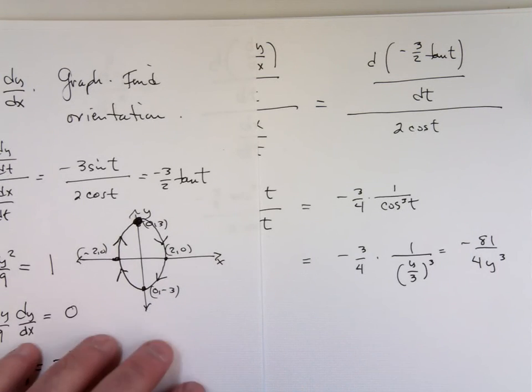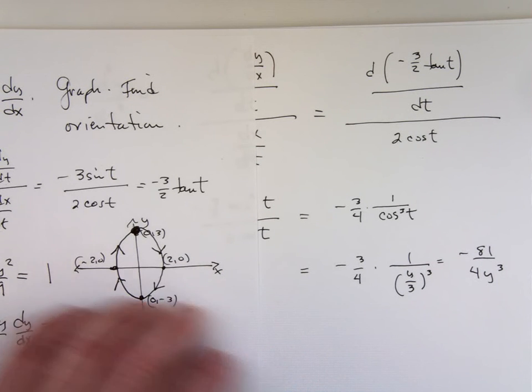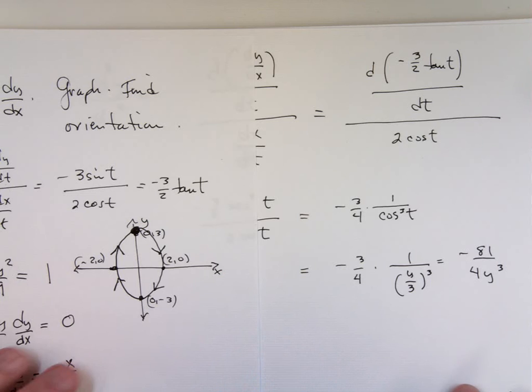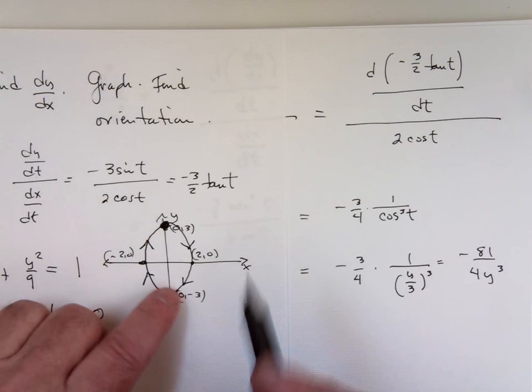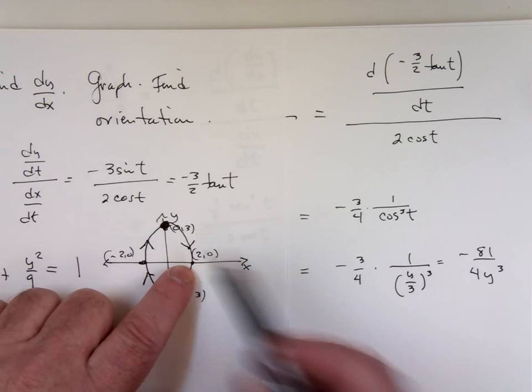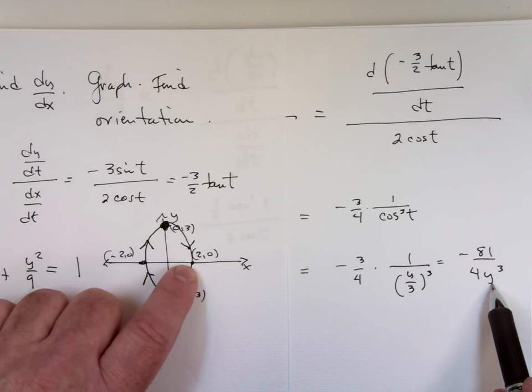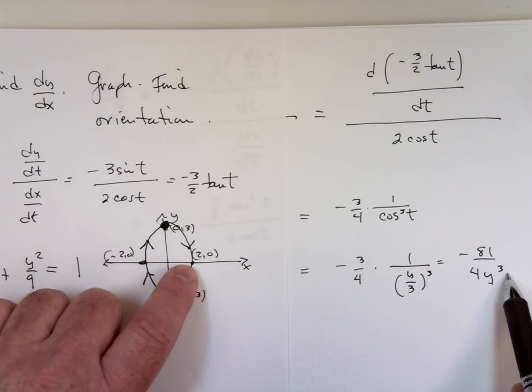Now, does that conform to what we have over here in our diagram? I'm going out on a limb now. Okay, here we go. Let's take this first quadrant. The y's in this first quadrant are positive. Y cubed will be positive. The denominator will be positive. The numerator is negative.